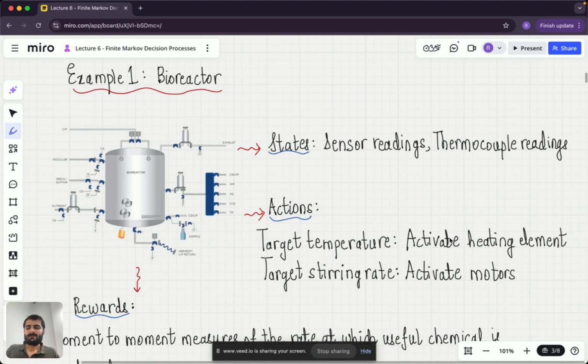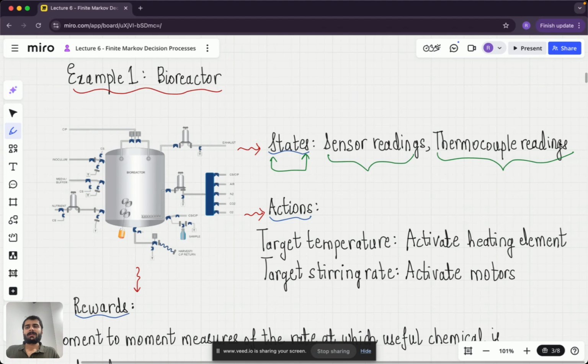Now, given this much information, let's try to think what are the states, actions, and rewards in the agent environment interface. So, what are the states? The states are the information we receive from the environment. So, these are the readings of the sensors and the readings of the thermocouple. What are the actions?